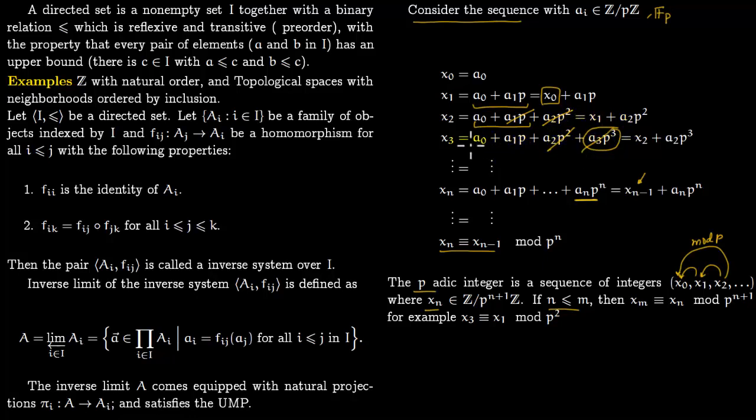Now this looks exactly like x1. So I can go from x3 to x1, because 1 is less than or equal to 3, by just doing modulo p squared.